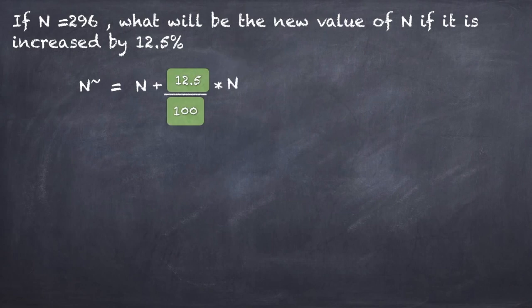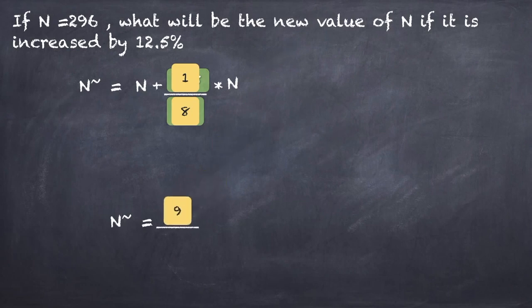Again, that 12.5 by 100 I can replace by 1 by 8. That much I think should be very clear by now. Now I can work out this equation. It will result in n dash is equal to 9 by 8 of n. Or trying to increase n by 12.5% is the same as multiplying it by 9 by 8. In both cases you get to n dash.